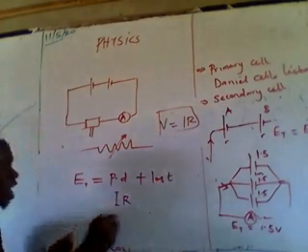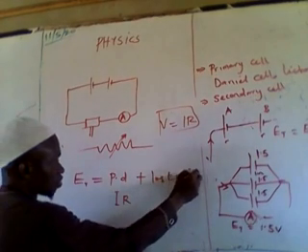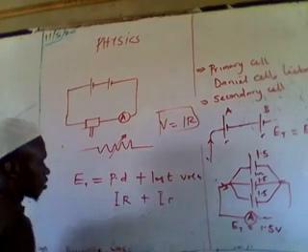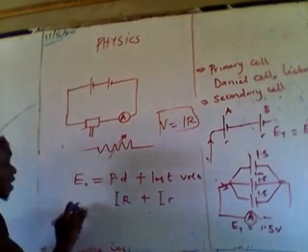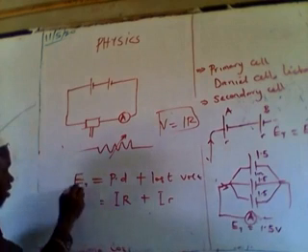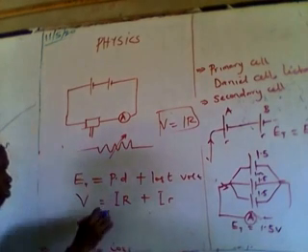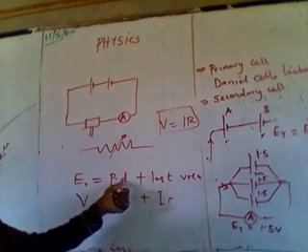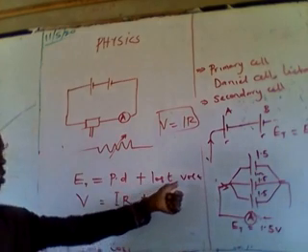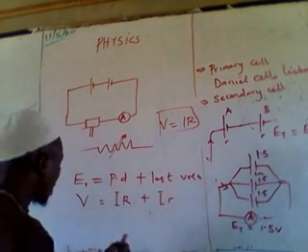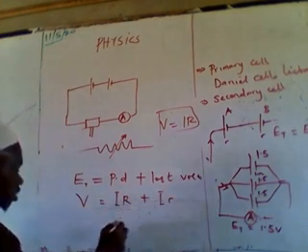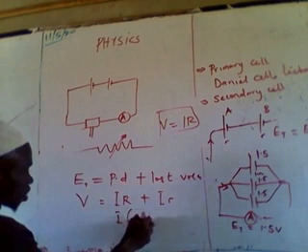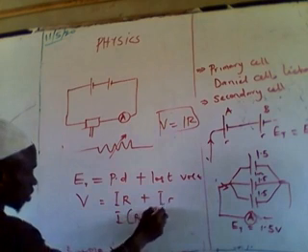So IR, and the lost volt? The lost volt equals I times small letter r. So definitely we now have that V, the volts, equals the potential difference when it is delivering current plus the lost voltage. If you factorize out the current, we have V equals I times (R plus r), where R is big R and r is small letter r.